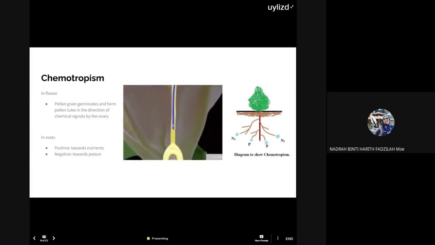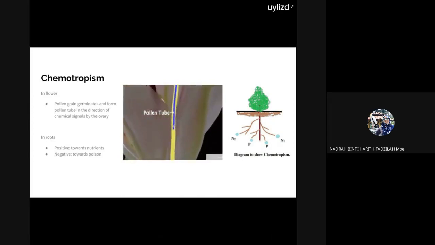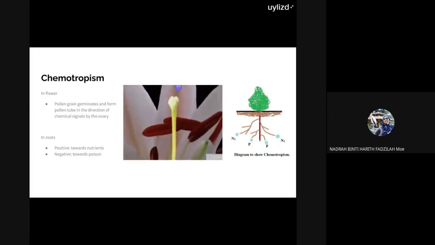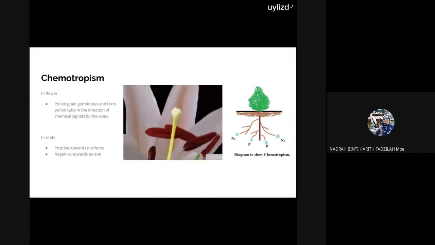Gambar sebelah kanan tu root panjang-panjang untuk cari nutrient. The root grows, the length of the root increases when it moves towards nutrients, and it is negative towards poison. Bila ada poison, the response of the root is there is no growth atau lesser growth in that particular area.